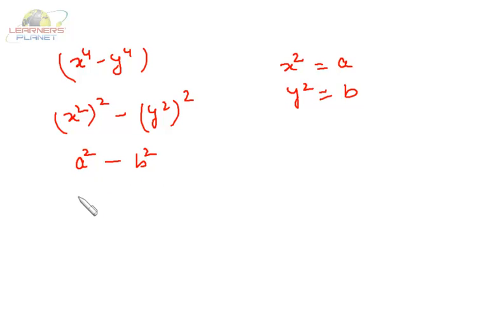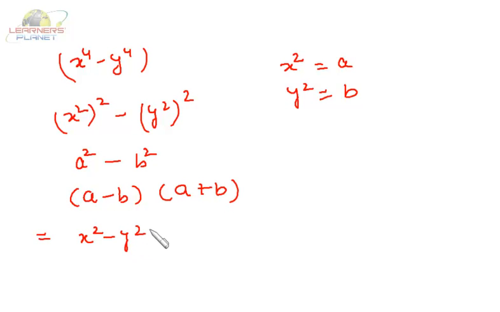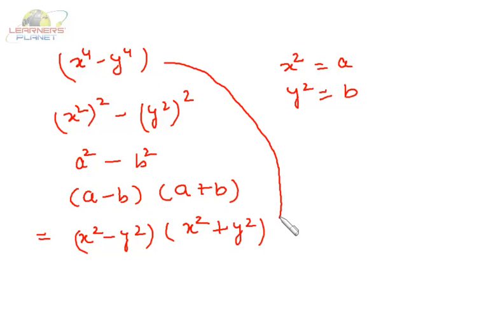Now a square minus b square can be factorized as a minus b into a plus b, which we have just discussed. Now further I'll put the values of a and b over here. So a is x square, b is y square, then further x square plus y square. So from this we are getting this.